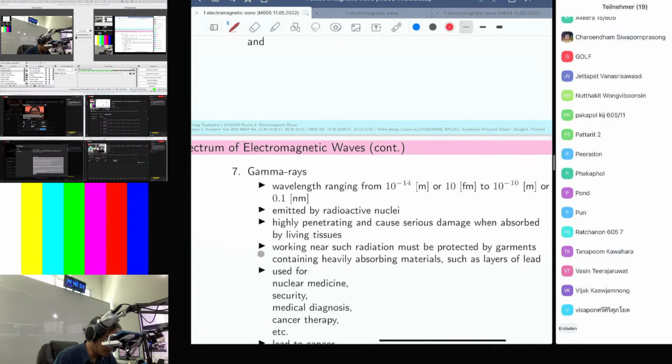If we need to work in an environment with high radiation of gamma rays, we must prepare and protect ourselves by wearing garments, clothes that should contain absorbing material, for example, layers of lead.